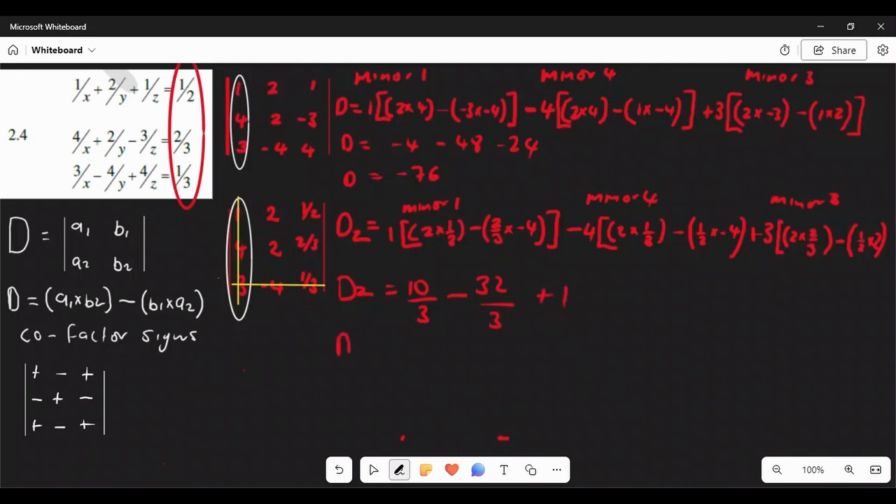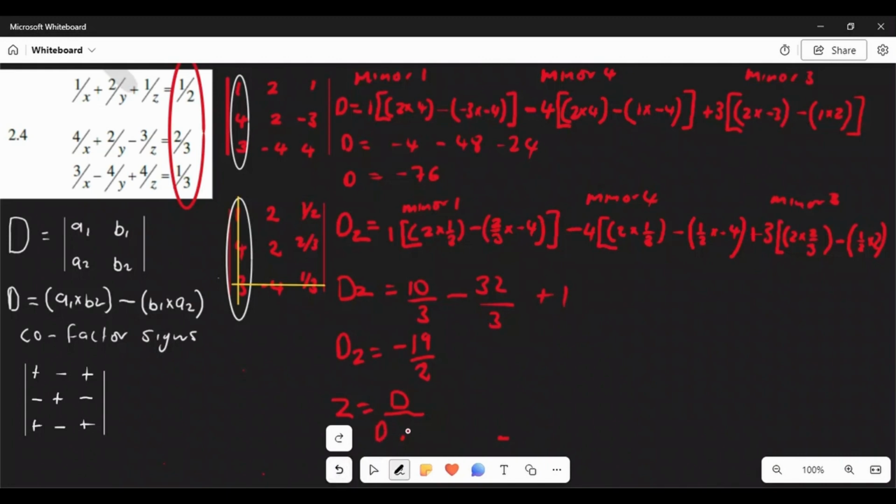Now this dz is going to give us negative 19 over 2. So when we calculate for z, it's going to be d over dz.